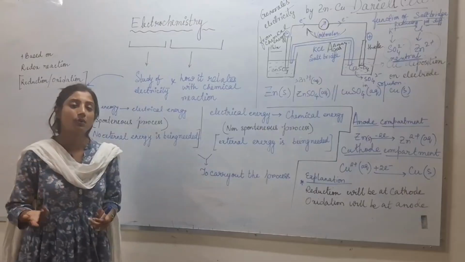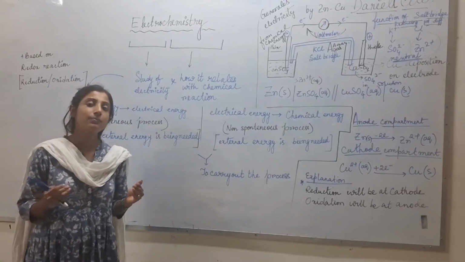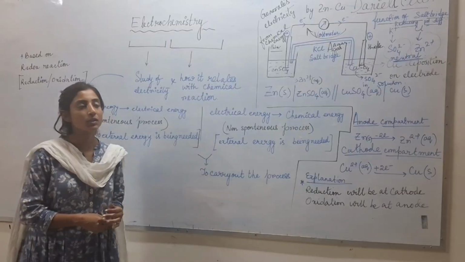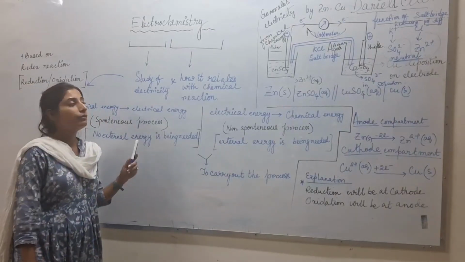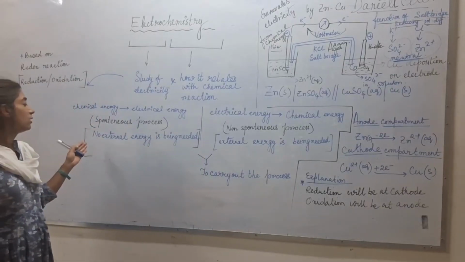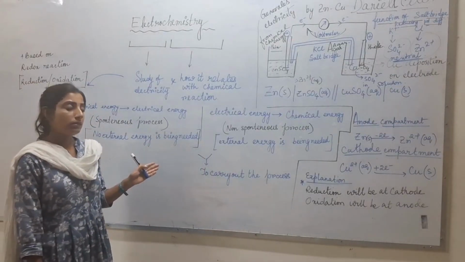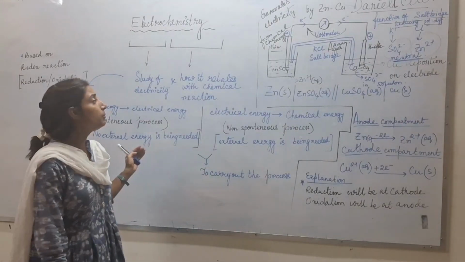There are many examples in our surroundings which are spontaneous reactions. In a spontaneous reaction, chemical energy is converted to electrical energy, and no external energy is needed to complete the reaction.